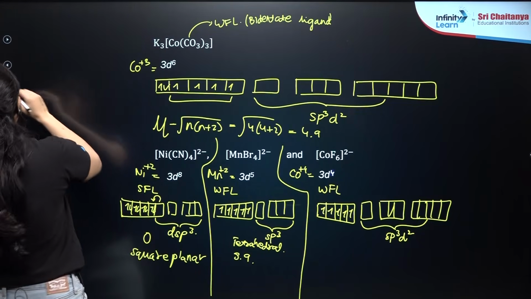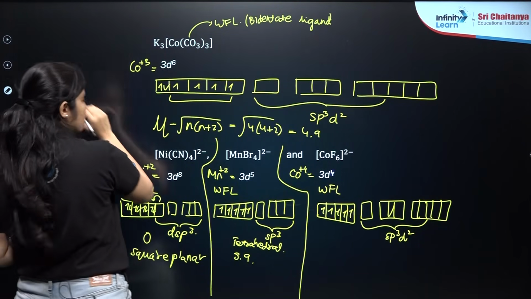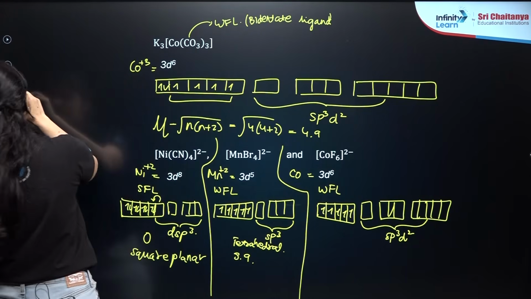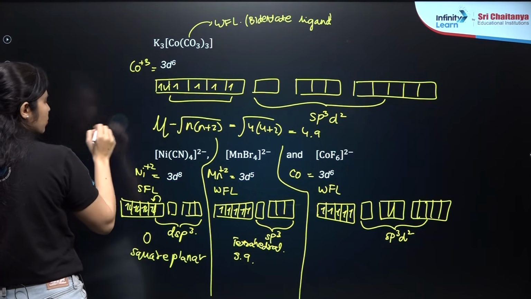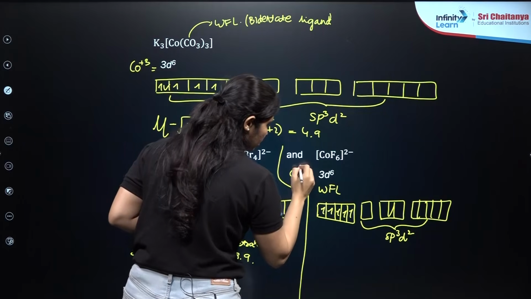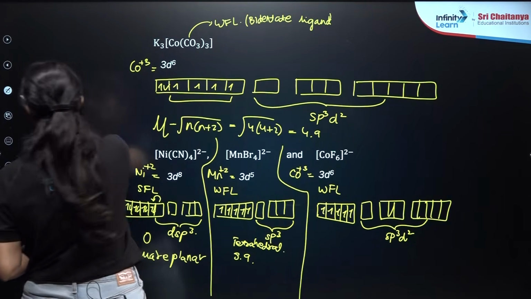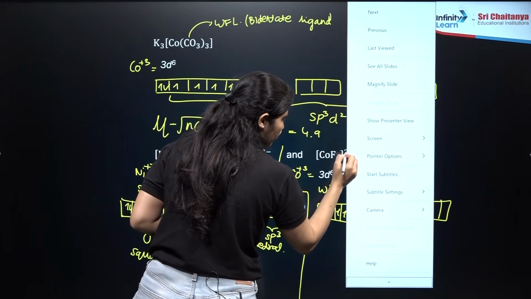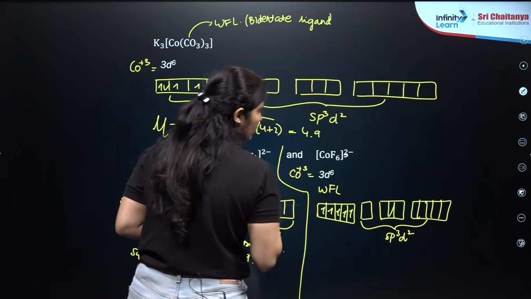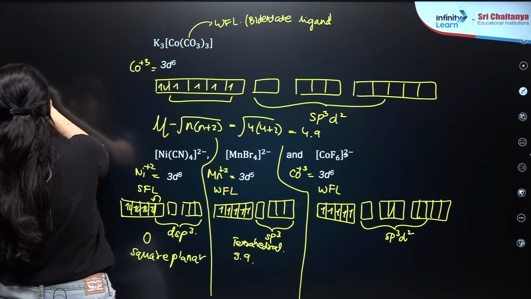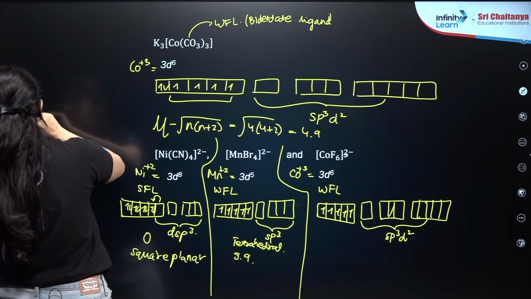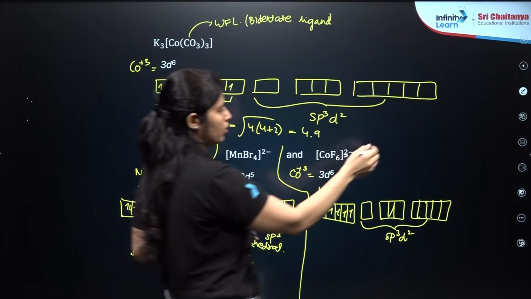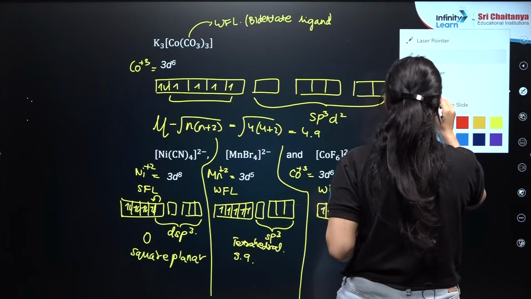So we are going to have cobalt, which is going to be plus 3. If we have plus 3, this is going to be 3d6 as it was given. This is also 3 minus. We are going to have a weak field ligand, like I've given to you before.